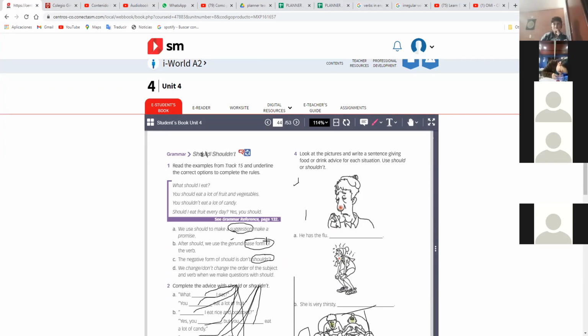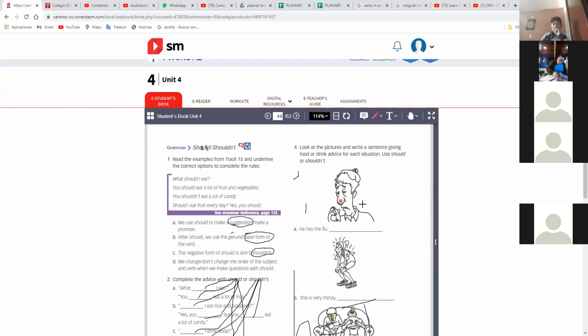Yes, teacher. Help me in this exercise 4. Okay, exercise 4. Look at the pictures. Look at the pictures and write a sentence giving food or drink advice for each situation. Use should or shouldn't. He has flu. Write a phrase. Flu es gripa, ¿no? So, he has flu. ¿Qué debería hacer él?